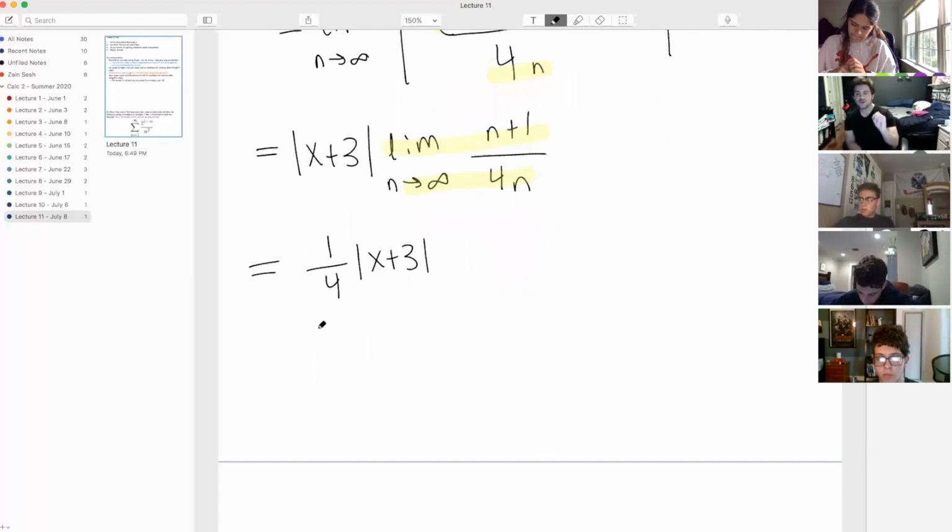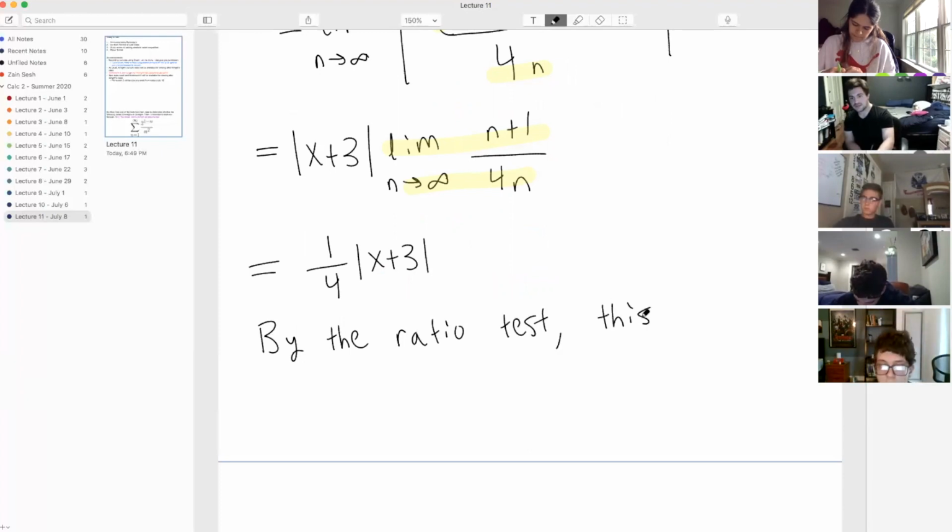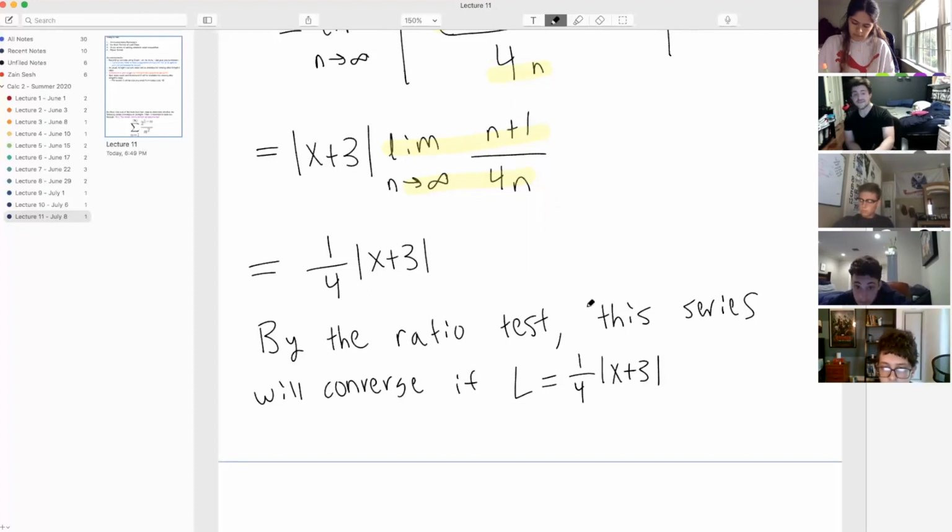So here's where the ratio test comes into play. By the ratio test, this series will converge if this capital L, which we just figured out to be 1/4 times the absolute value of x plus 3, is less than 1.